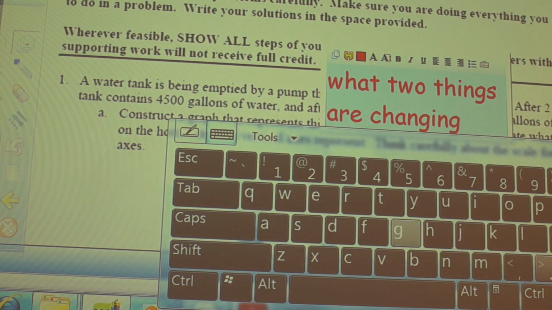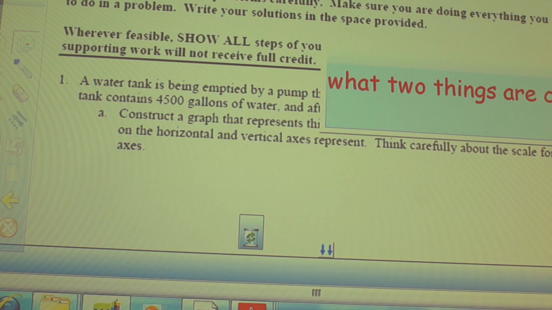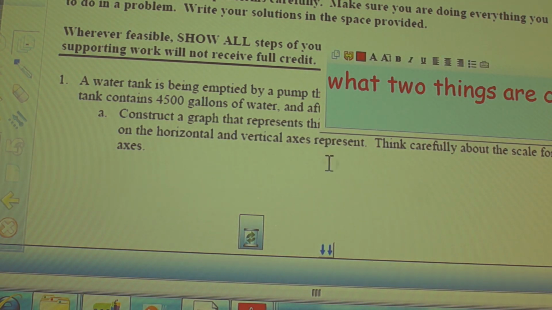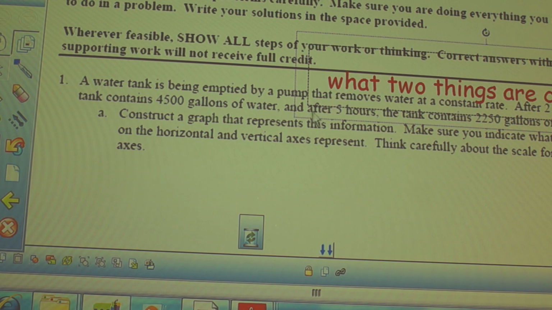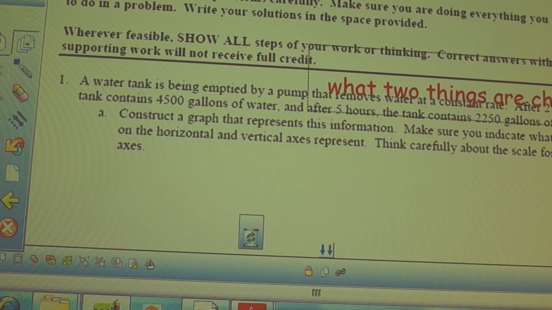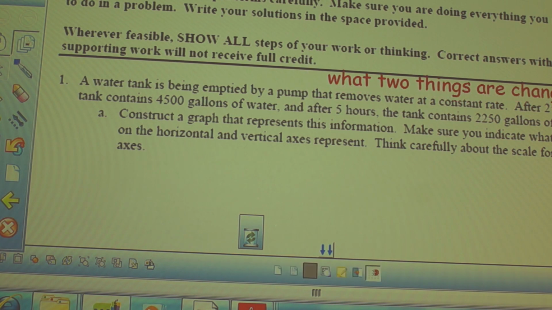Gallons of water and time, hours. Does everyone agree with him on that one? Okay. First time is X.